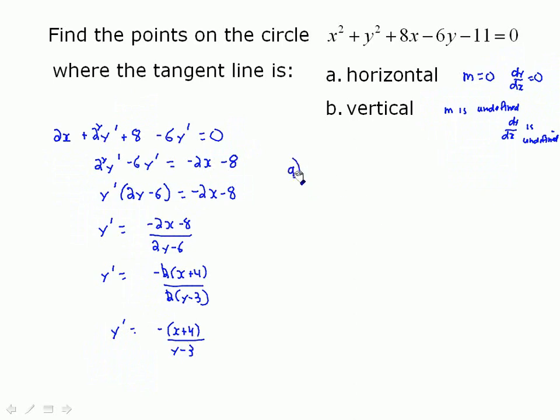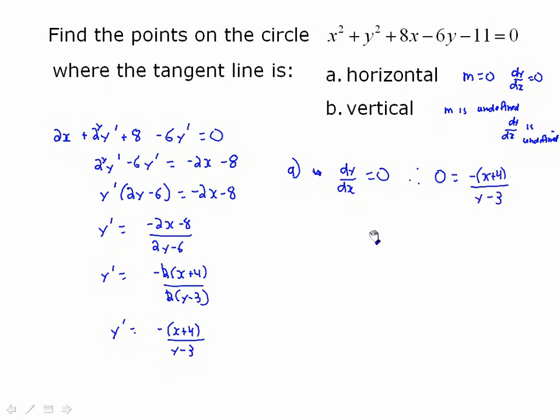Now for it to be horizontal, question is, this is occurring where dy dx is equal to 0. So therefore, where 0 is equal to negative x plus 4 over y minus 3. And then you've got to think. We've seen this before.